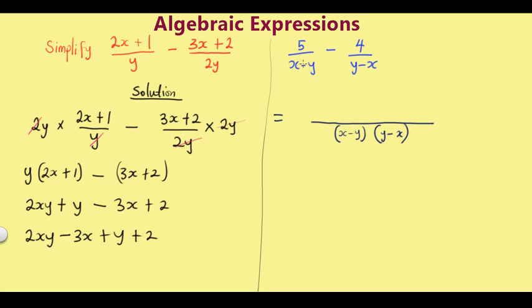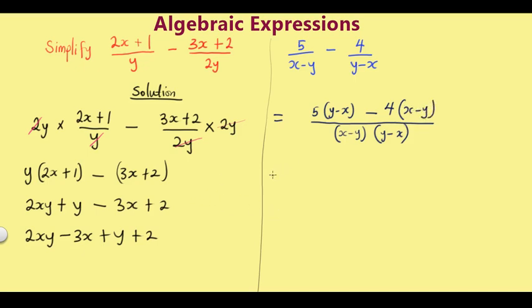That means x minus y goes here, and y minus x goes there. That y minus x is multiplied by 5, so 5 open bracket y minus x, minus, then x minus y multiplied by 4, that will be 4 open bracket x minus y.